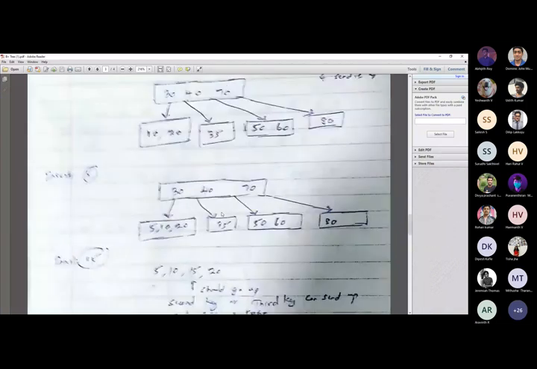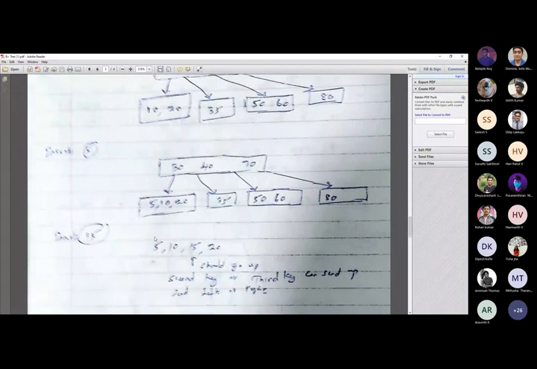We are continuing to insert some more records. We are inserting 5. Whenever the key value is less than the root node, you insert it in the left hand side. Now you have 3 key values, so you don't have any issues in this leaf node.